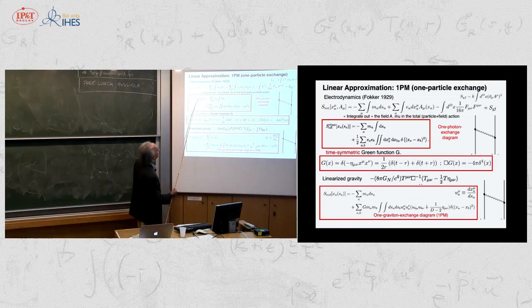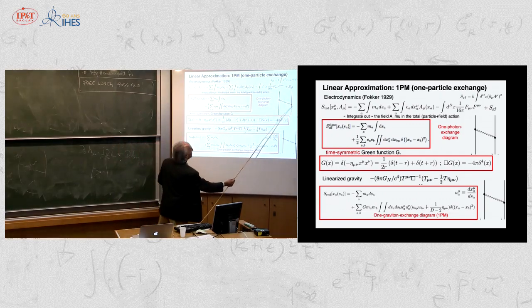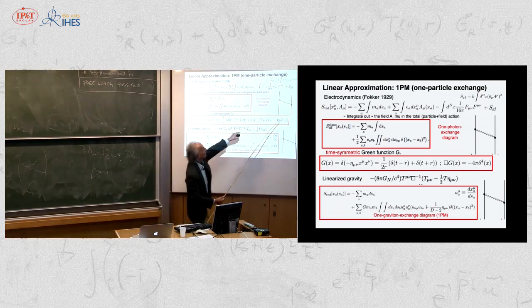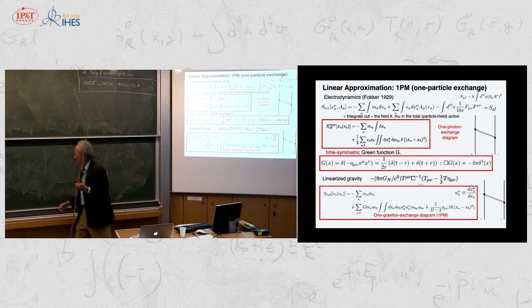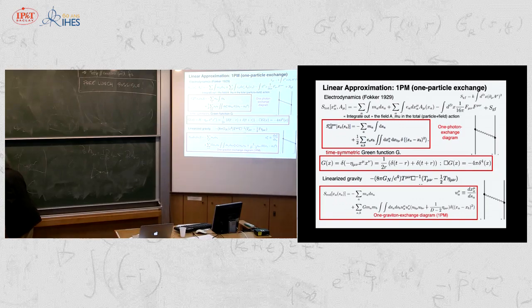What you find is that the reduced action is the integral over the world line of the kinetic term, plus what you recognize directly as the one photon exchange, where you have an integral over the two world lines, and in between you have this one-dimensional Green's function of the squared interval between the two points.